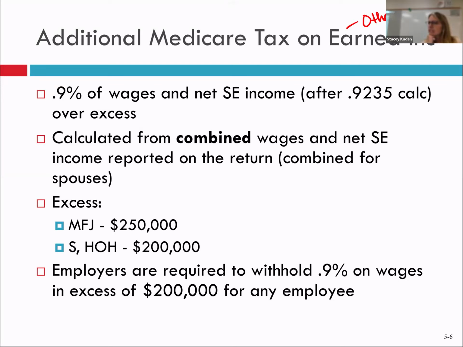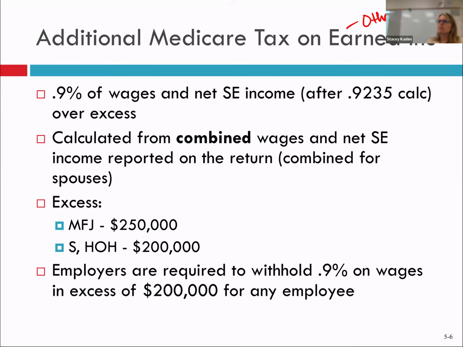Both of those are taxes that came about when President Obama passed the Affordable Care Act. Requiring health insurance for everybody and subsidizing those that can't afford health insurance is expensive, right?